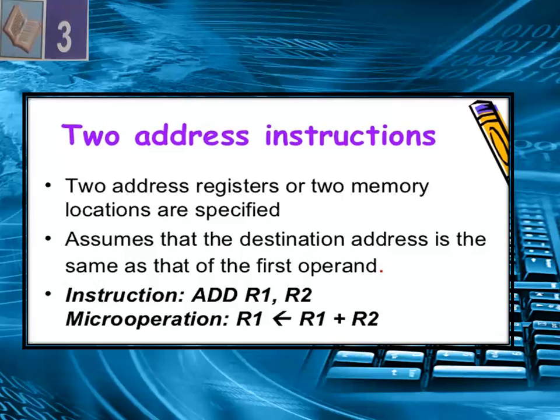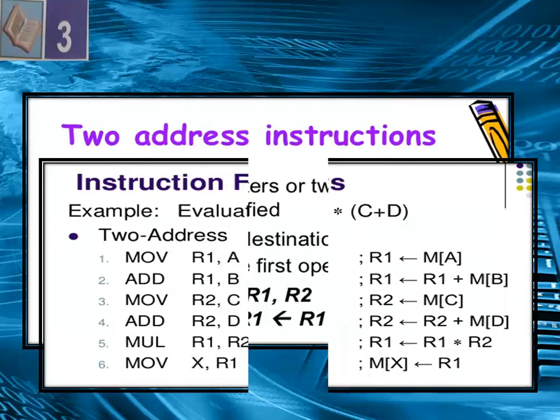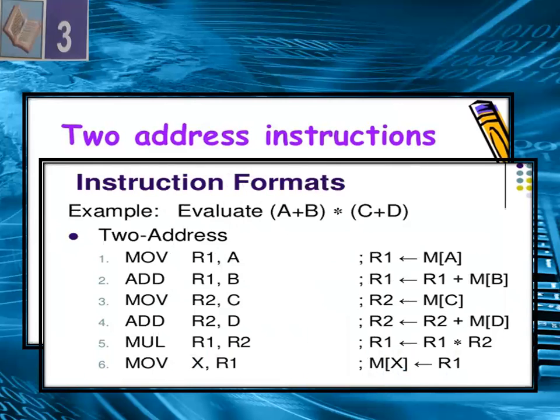A 2 address instruction format requires one opcode and two operands. It requires one operation code and two memory addresses, two operands. An example of such an instruction format is move, which moves data from a memory location to a register and from a register to a memory location.